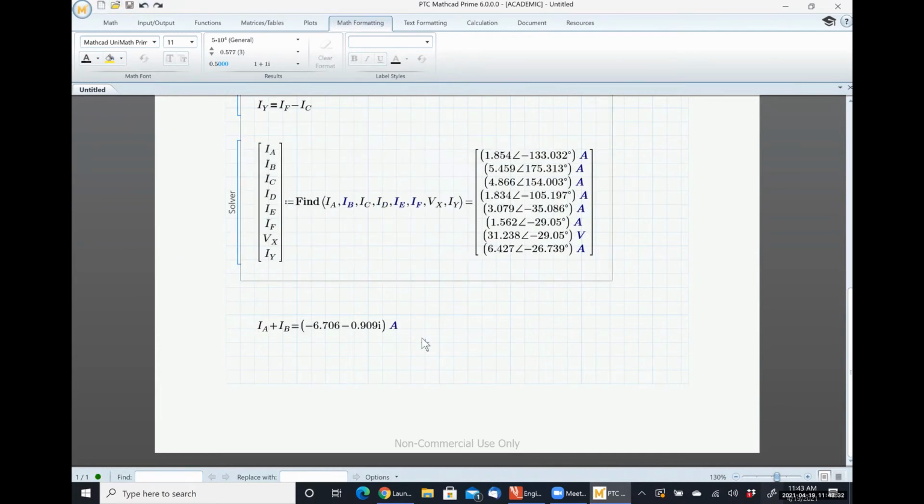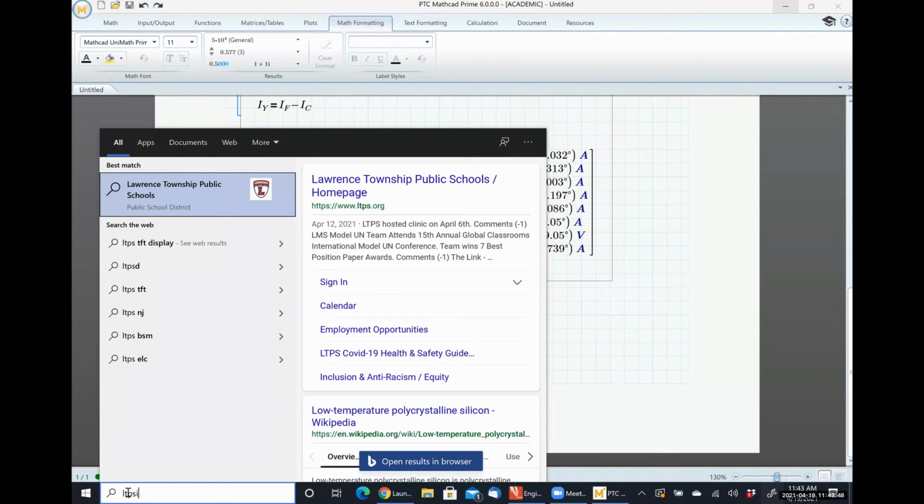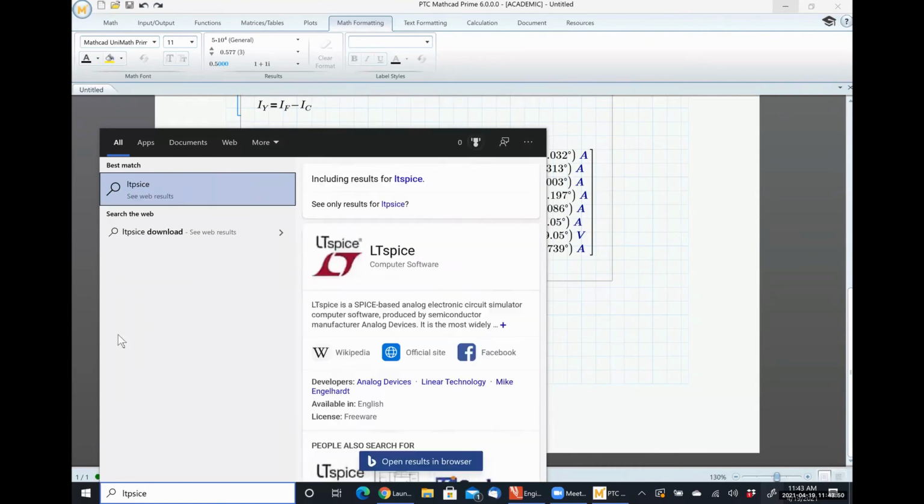All right, so we got 30 minutes left of class, so let's look at LTSpice real quick. I don't need to search the web. I want to use the one that I have on my, oh, I misspelled LTSpice.